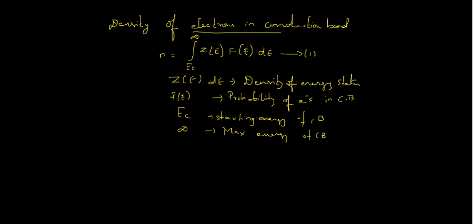Now, using the density of states we have obtained from the cubical metal piece, from that we are going to derive these things. Now let us see Z of E into dE.